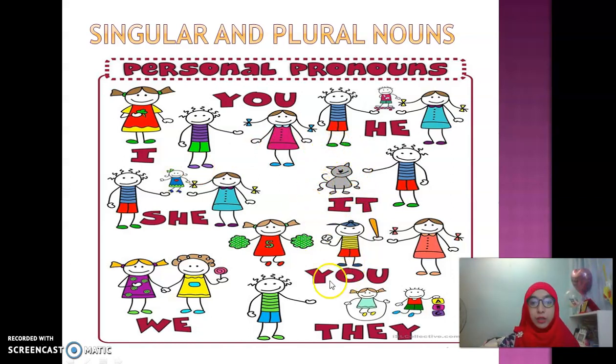Okay, you, we have two uses. Okay? So one is to refer to one singular person, but you can also use you to refer to a lot of people in front of you that you are directly talking to. And then we also have we. You and I makes we. So we is, what do you think?